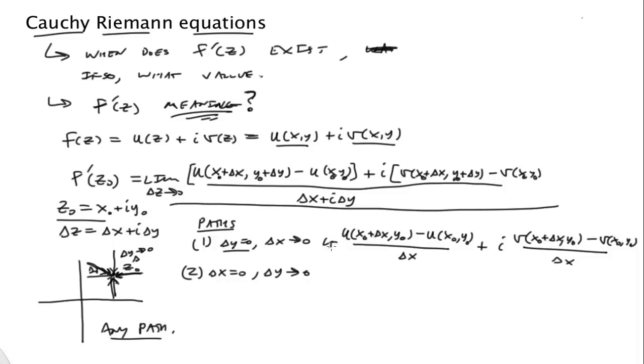And then we're taking that limit as delta x goes to 0. Provided these functions u and v have an x derivative, we can clearly see that this is exactly u x plus i u y.